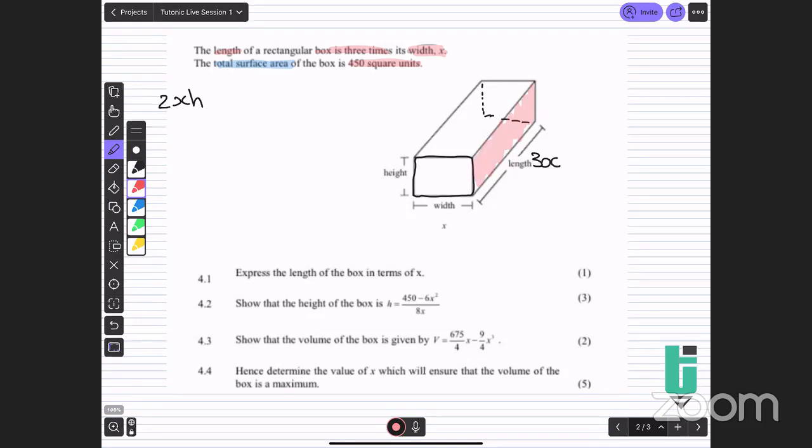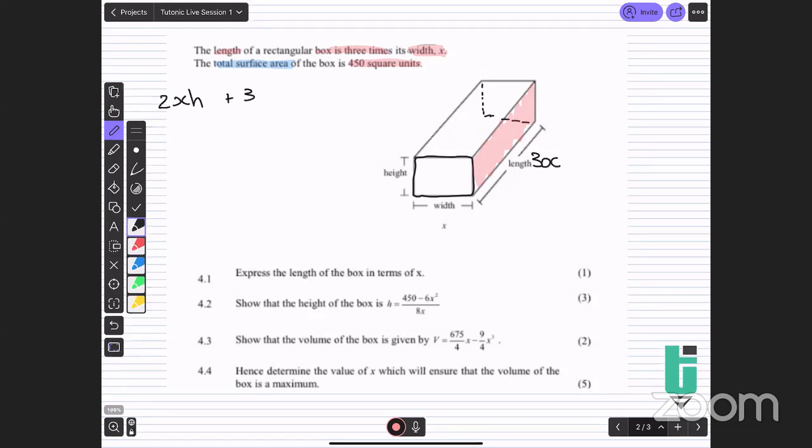3x times the height. But times 2, because there are 2 sides.